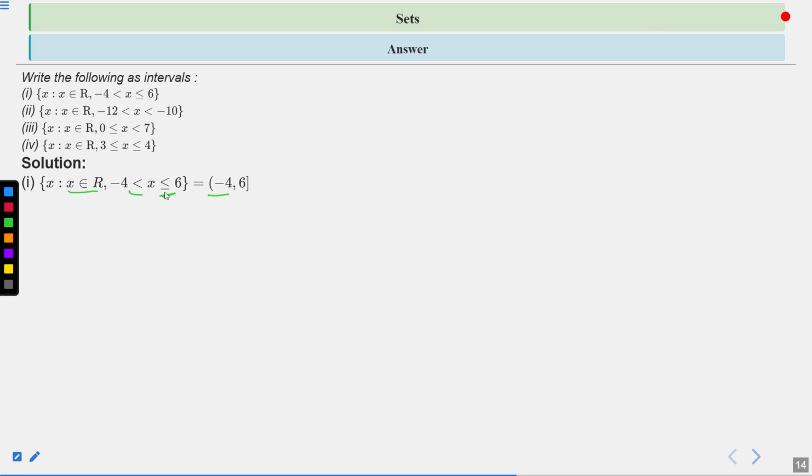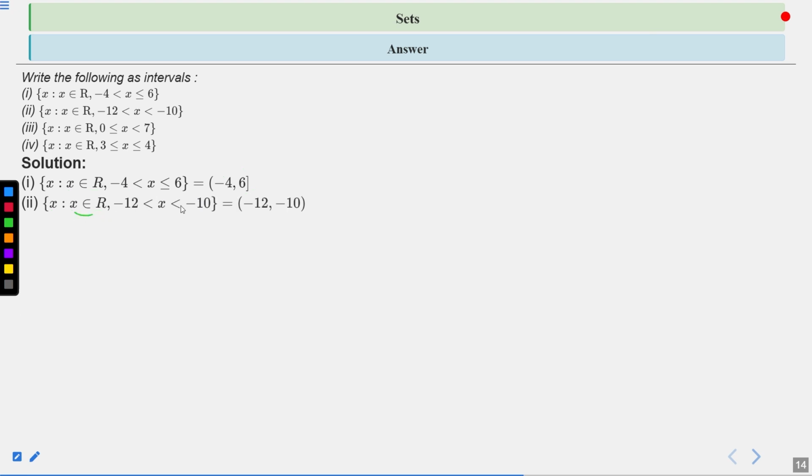Whenever you see less than or equal to or greater than or equal to, you use your square bracket. And if you are having strict inequality, then you use your round open bracket. So this round bracket suggests what? We are excluding the number, and closed suggests we are including the number.